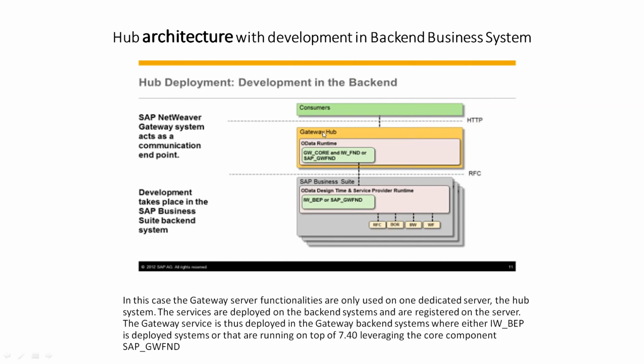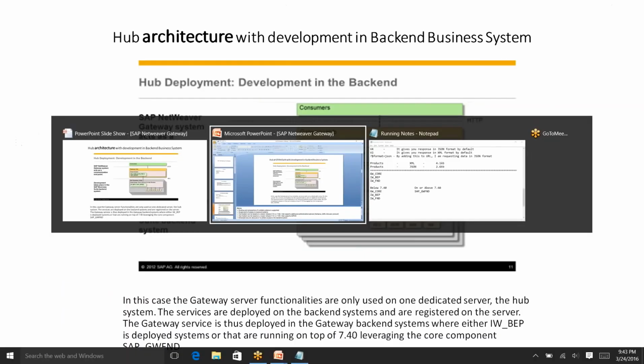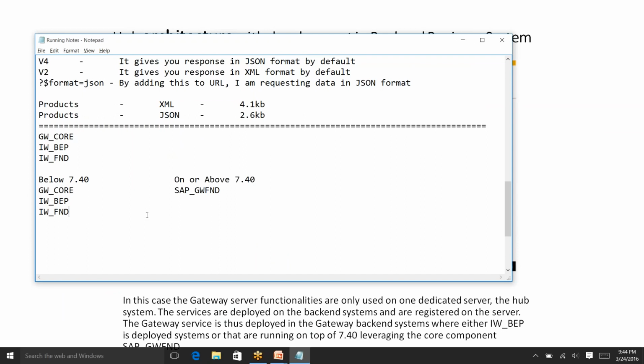Let's say you are below 7.40. I'm talking about central hub deployment.